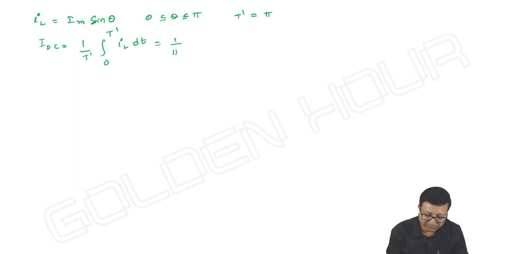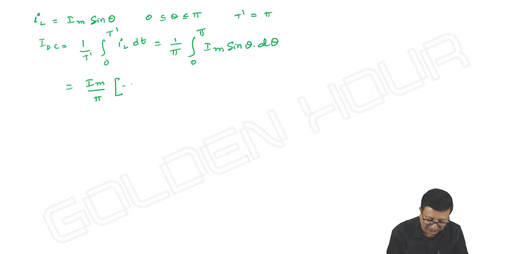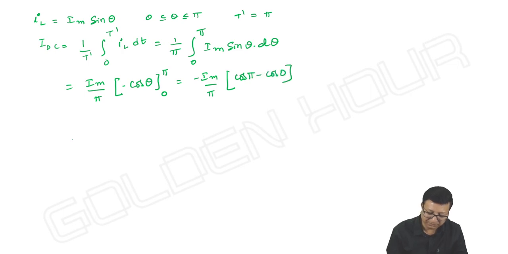It is equal to 1 by pi integral 0 to pi Im sin theta d theta. Im can be brought outside. It is Im by pi integral of sin theta, which is minus cos theta, over the interval 0 to pi. Let us take that negative sign also outside. Minus Im by pi into cos pi minus cos 0.